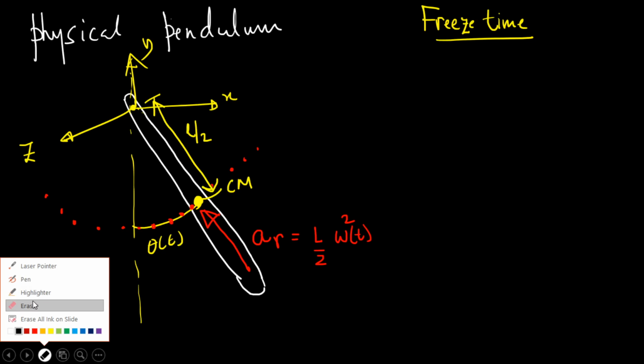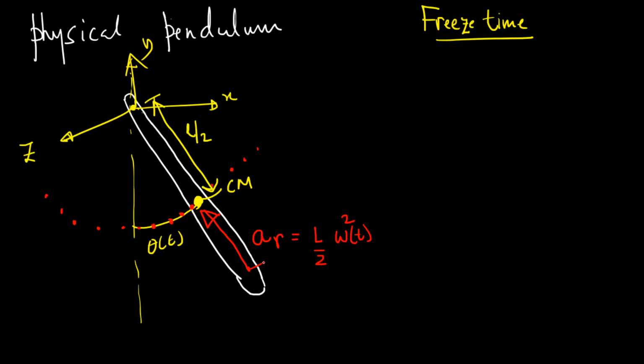So what is the tangential acceleration? It's going to be in this tangential direction, and it's going to be r into alpha. I just write it as alpha at that instant of time, but you know that alpha is d square theta by dt square.